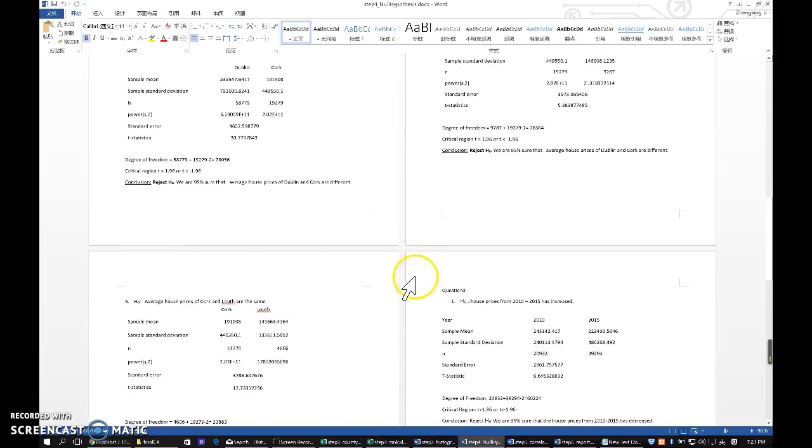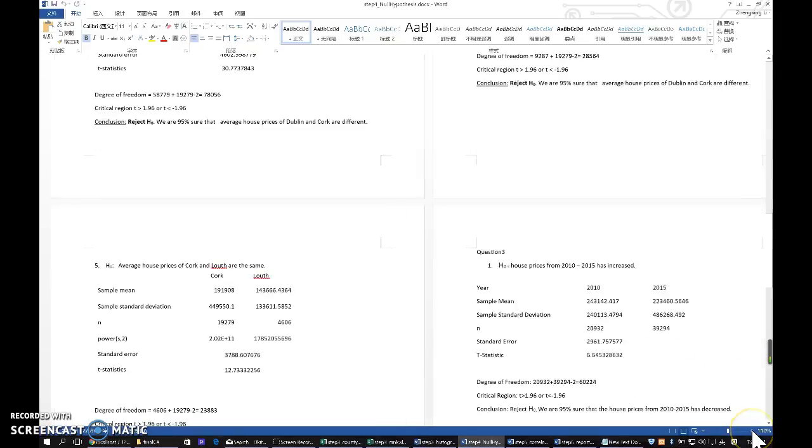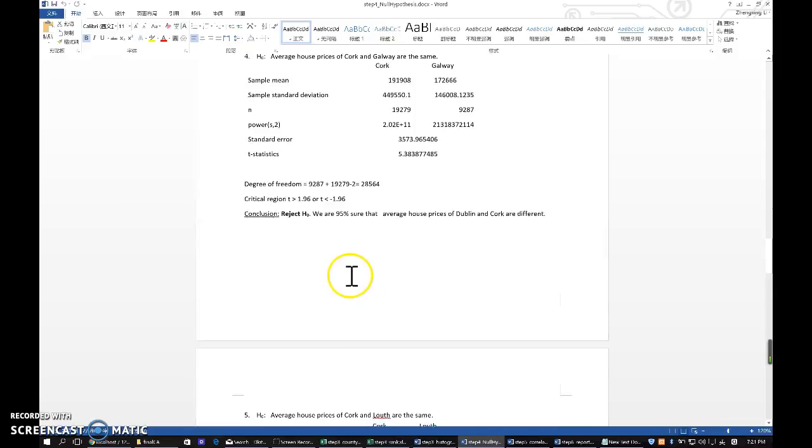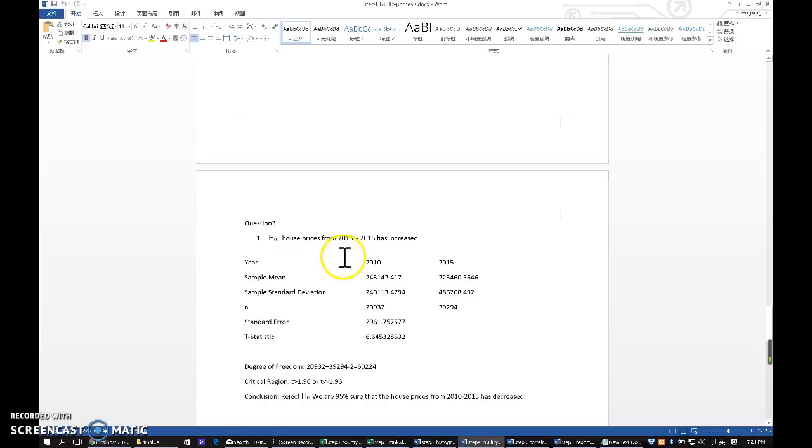And question 3. The null hypothesis is house prices from 2010 to 2015 have increased.